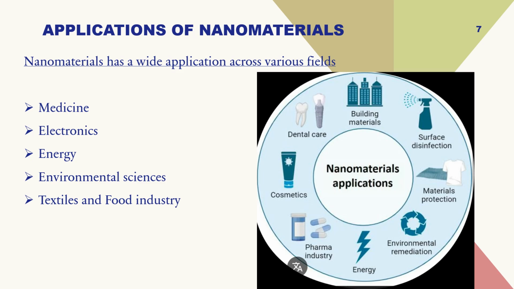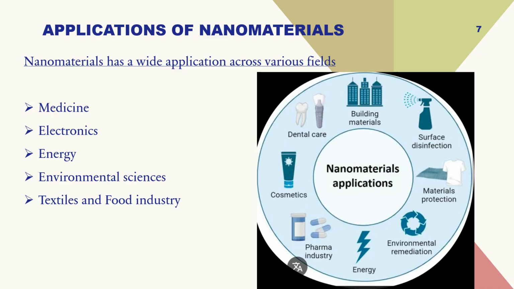We can use nanomaterials for water purification, and for catalysis in various industrial processes, making them more efficient and environmentally friendly. For soil remediation, they can be used to clean up contaminated soil, restoring soil health.